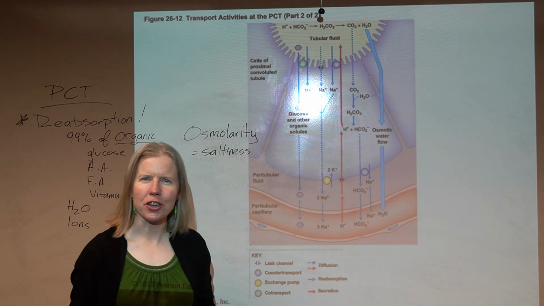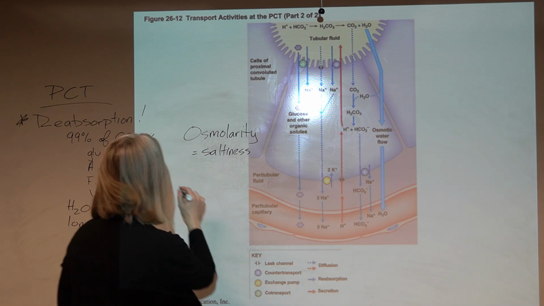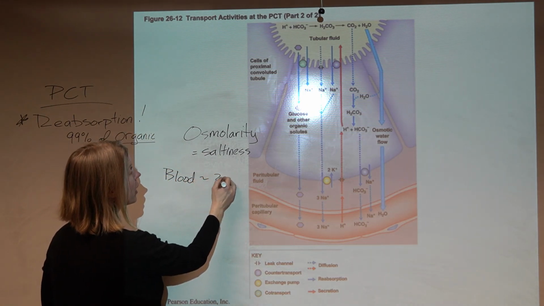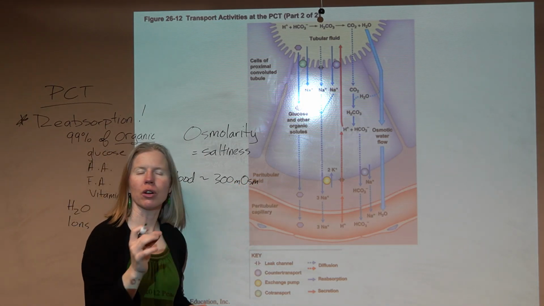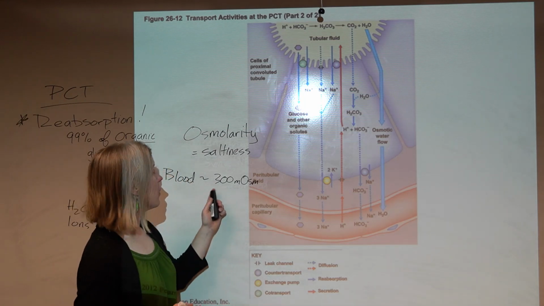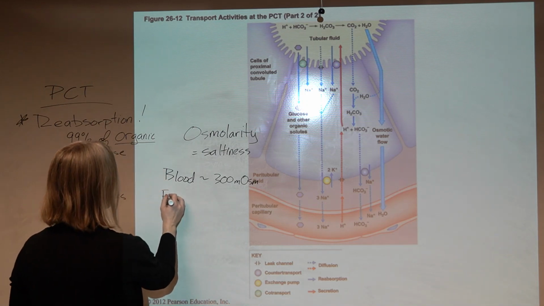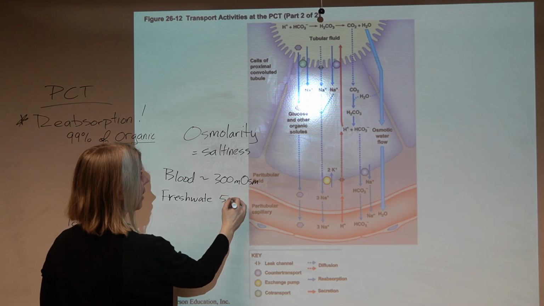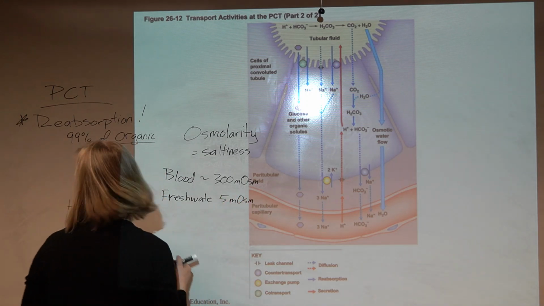So it's the concentration of the salts in this fluid. Your blood is about 300 milliosmoles. Again, this is the number of solute or salt particles in a liter of water. This is pretty dilute. For comparison, fresh water is about 5 milliosmol, so really dilute, but there's a little bit of salt in there.